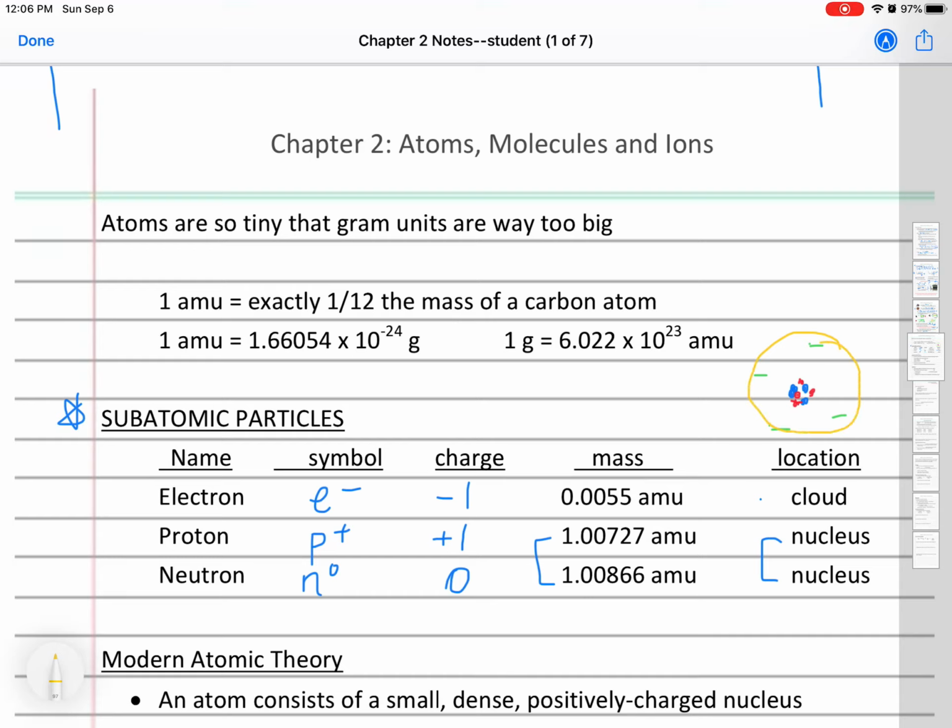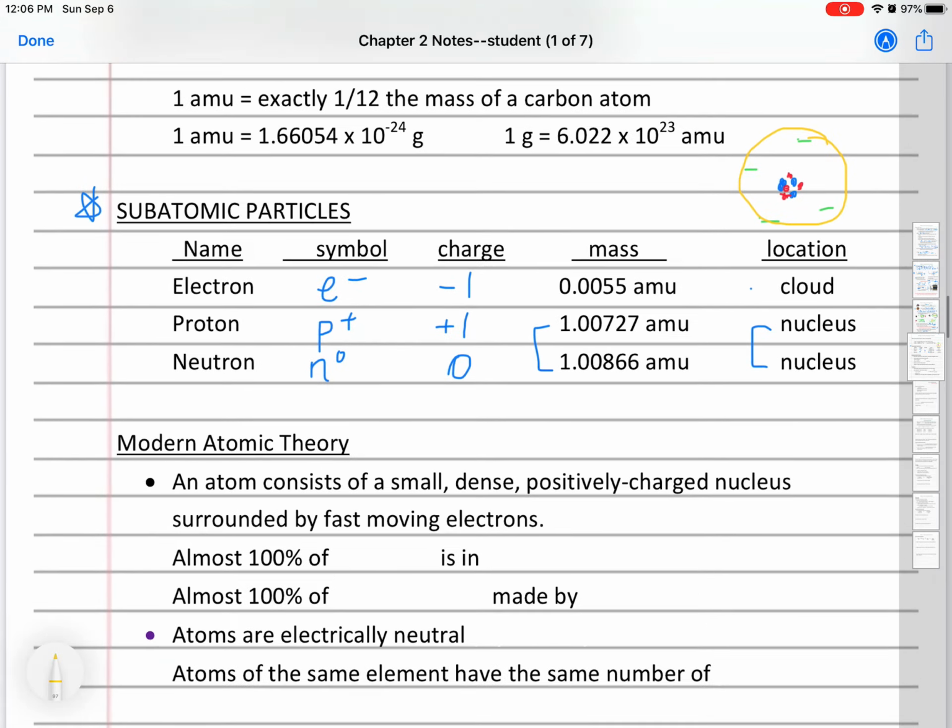And we could even color in that cloud. So most of the space of an atom is actually empty space.